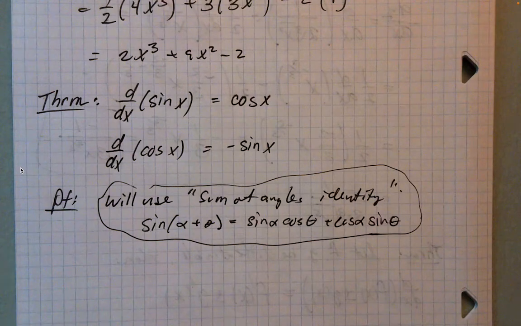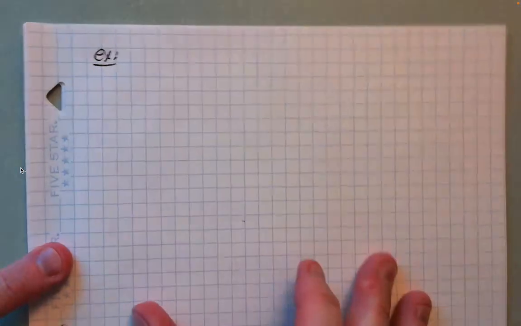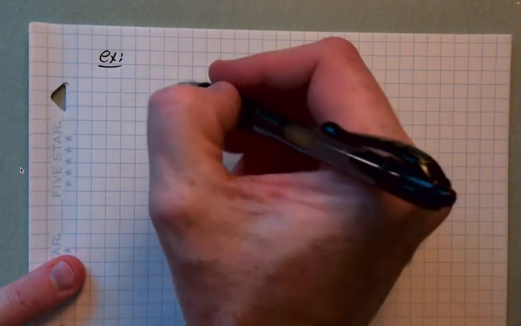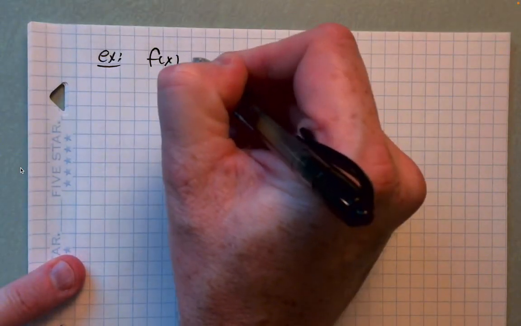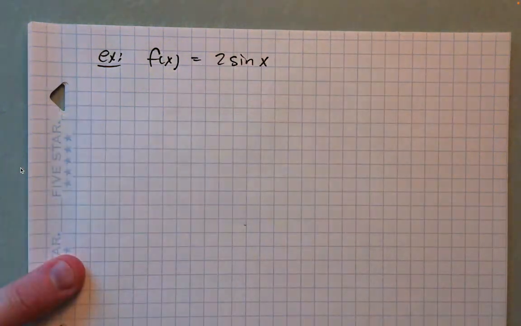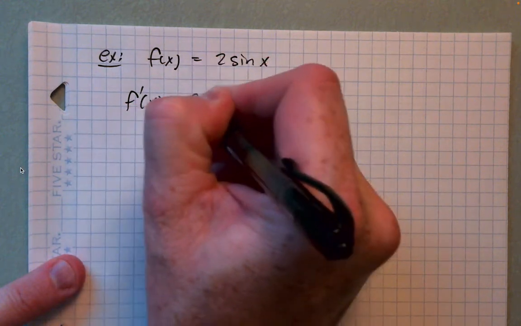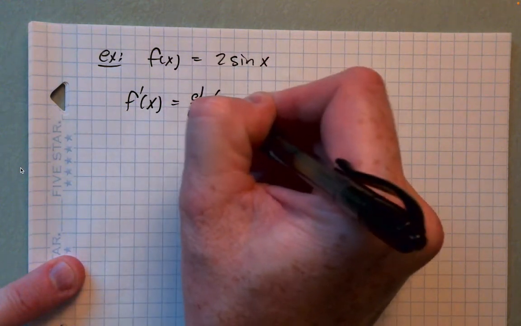All right. So we can differentiate trig functions now, certainly the ones that involve sine and cosine. Let's do an example or two. Let's say we want to differentiate f of x equals 2 times the sine of x. It couldn't be easier, right? So f prime of x is equal to d dx of 2 sine x.